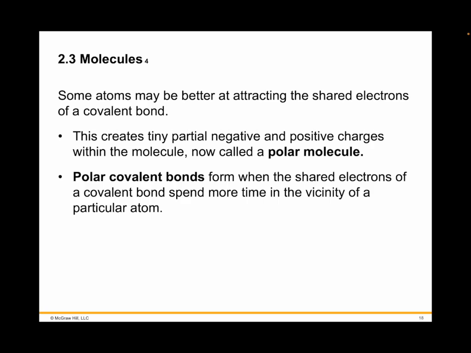They spend less time in the vicinity of the hydrogens, and these become somewhat positive in charge. The charges are not full electrical charges, as in ions, but rather tiny partial charges. So what you end up with is a sort of molecular magnet with positive and negative ends, or poles. Molecules like this are said to be polar molecules.